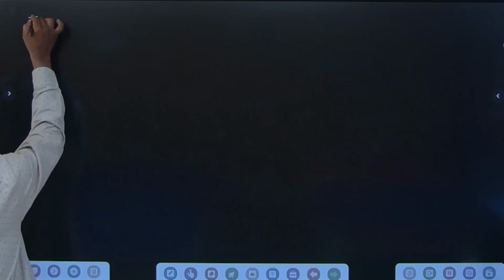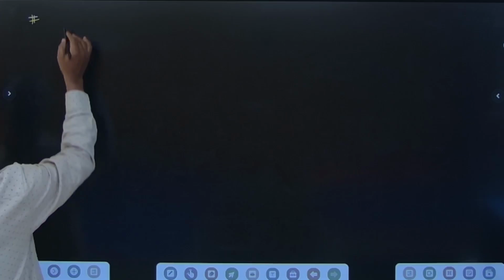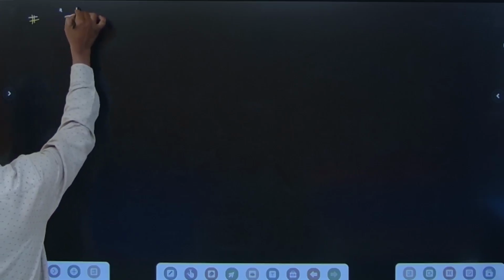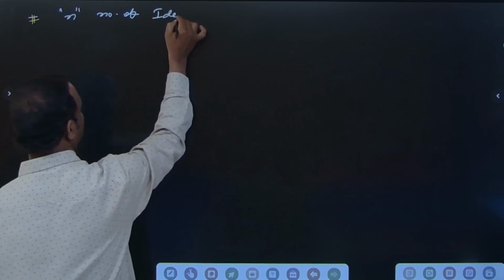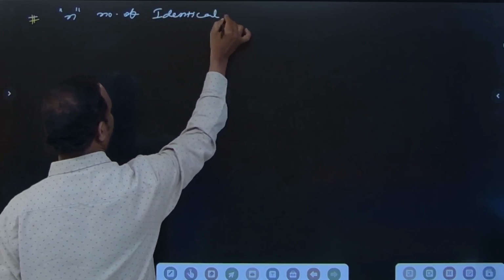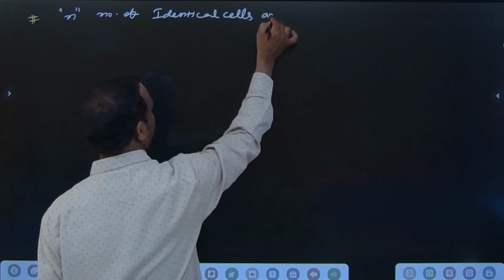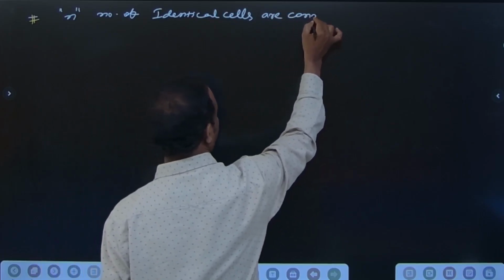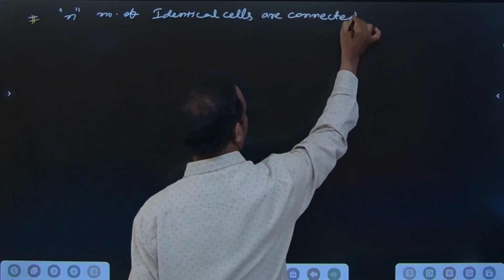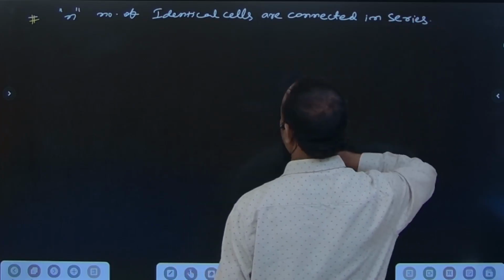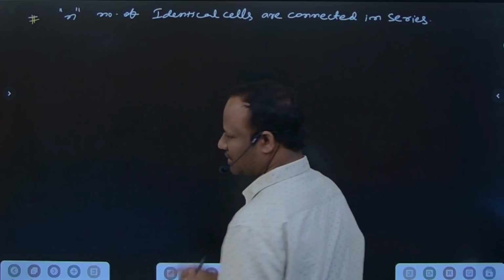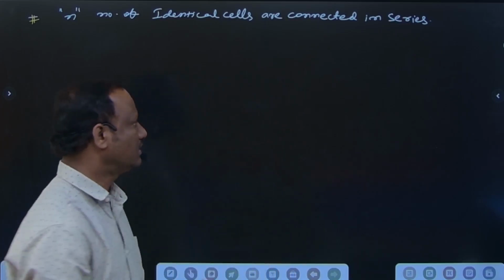So if n number of identical cells are connected in series, and some external resistor is also connected in the circuit.